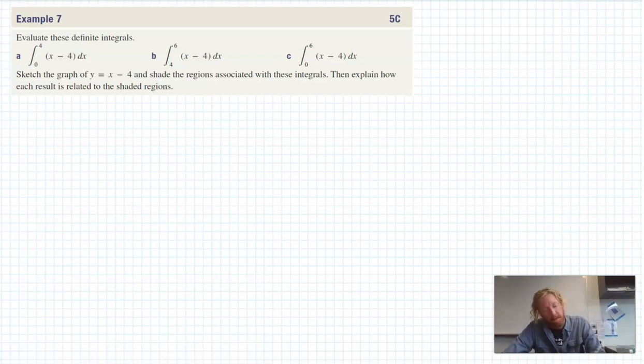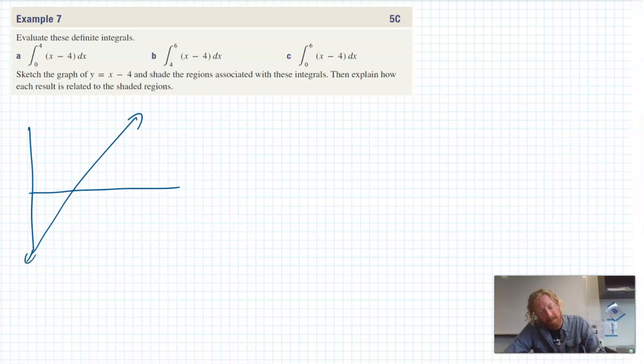x minus 4, it's a straight line. Y-intercept of minus 4. There's my 0 marker, there's my 4, and then 6 is going to be out here.